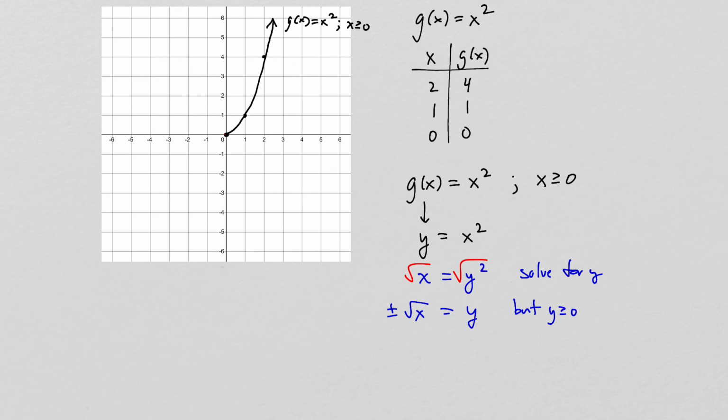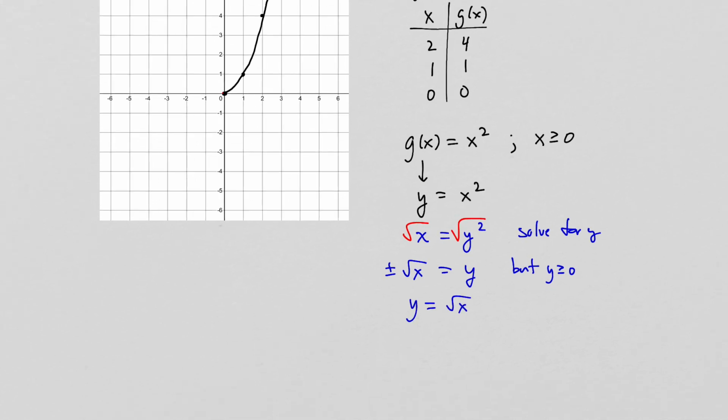And if y is greater than or equal to 0, then that means that we cannot have the plus or minus here. So y is only equal to the square root of x. This is our inverse. So the inverse function here is going to be g inverse of x is equal to the square root of x.